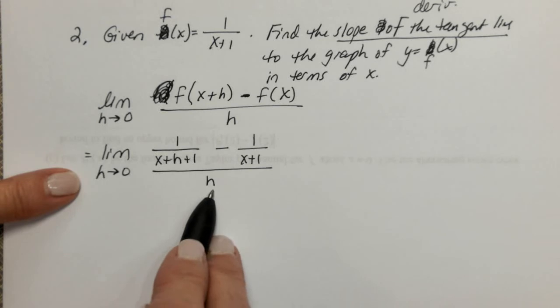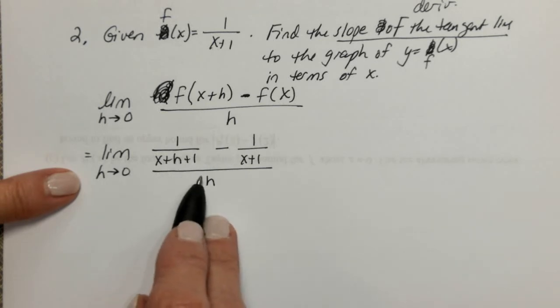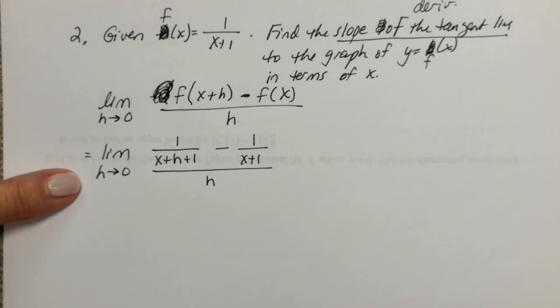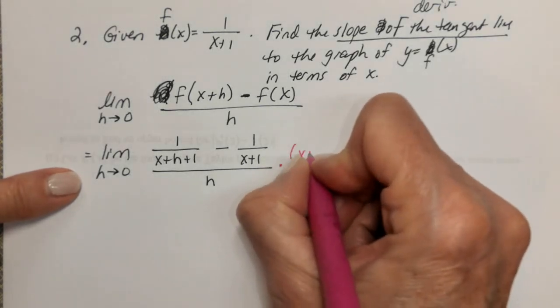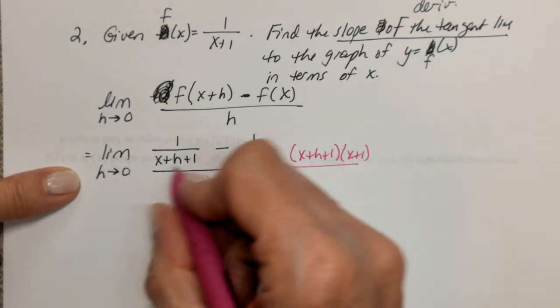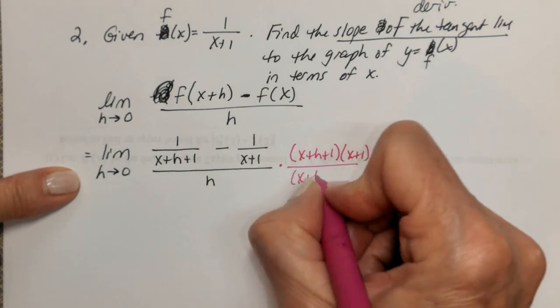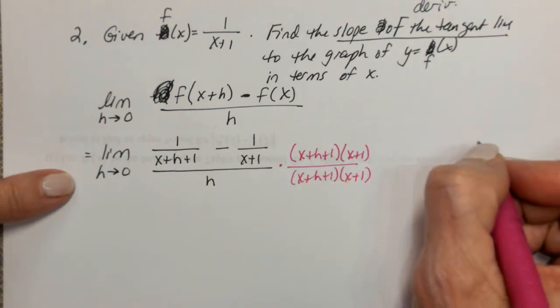That's 0 over 0. We have a hole and we need to cancel it out, right? So what are we going to do to cancel it out? I'm going to multiply both top and bottom by the little denominators, so the x plus h plus 1 and the x plus 1.